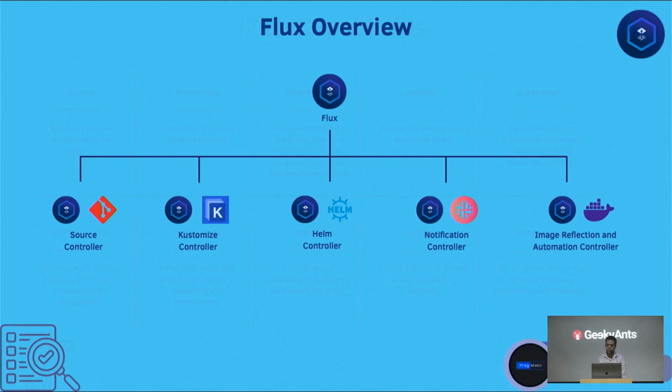Now, the last bit is the image reflector and automation controllers. These two sets of controllers are the ones which manage the container images. When you push something into a Docker registry like an ECR or an Azure container registry, these two controllers will take that image tag and apply it to your YAML file, which is stored in the Git repo.